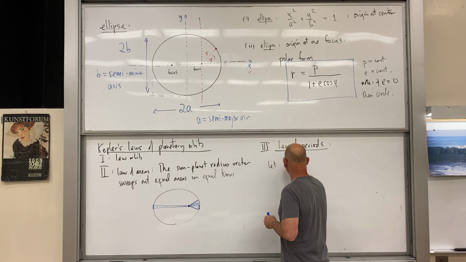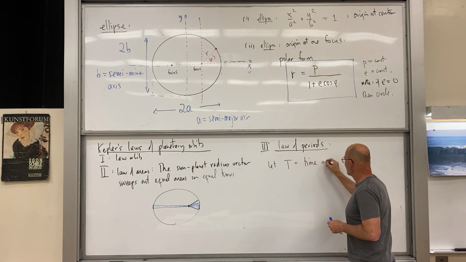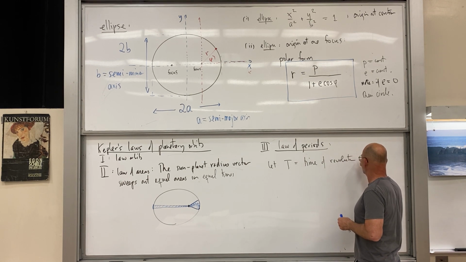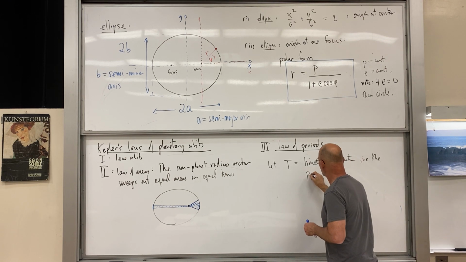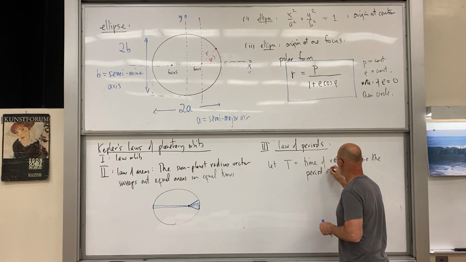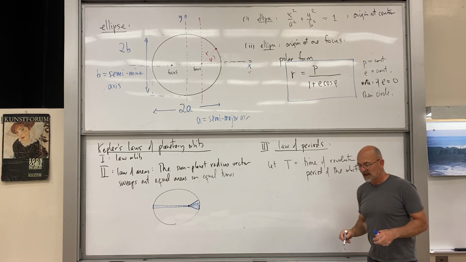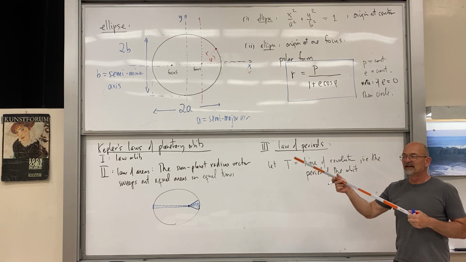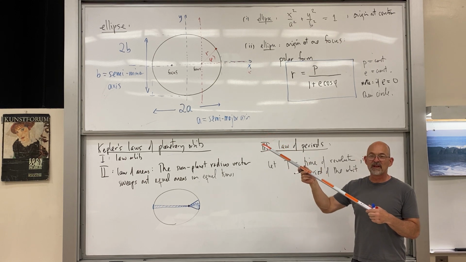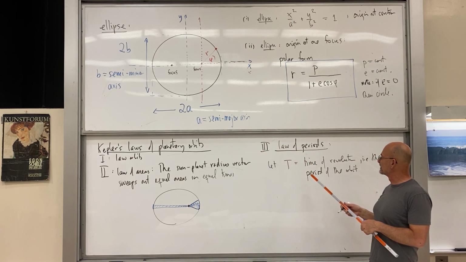So let T equal the time of revolution, i.e. the period of the orbit. And at the point where he had his law of periods, he had a whole collection of these planets now. It wasn't just Mars. So this is the one that he found last.